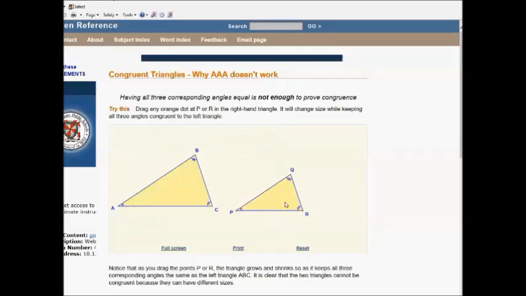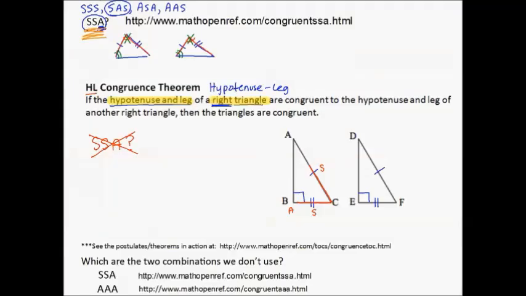All three angles are congruent to all three angles, yet if I do not have at least one fixed side, I can make the triangle as small or as big as I want, and still the angles will be the same. Now it'll be the same shape, the same kind of triangle, it'll just be different sizes. But congruent triangles have to be same size and shape. So SSA and AAA are the two we don't use. We have to have at least one side, and we can't spell the bad word.